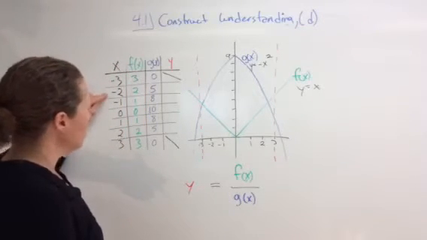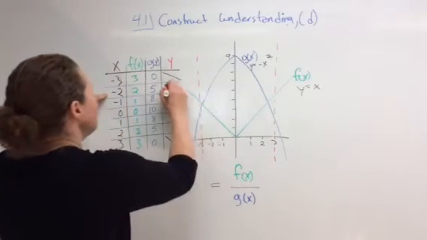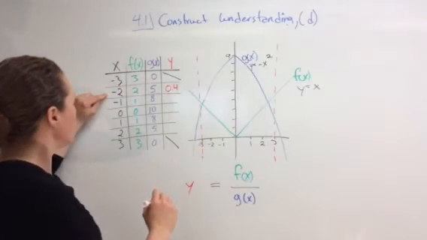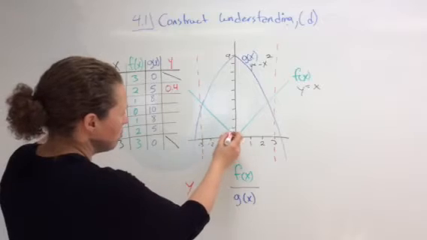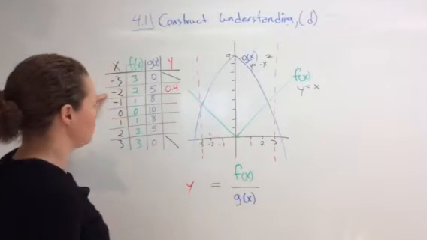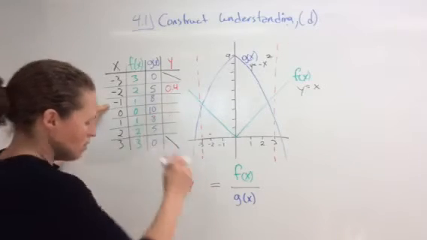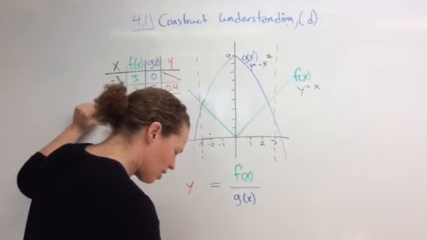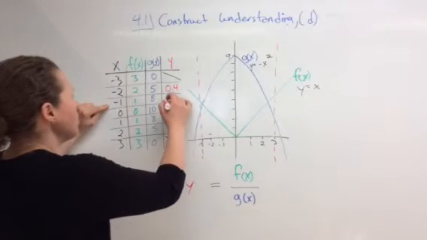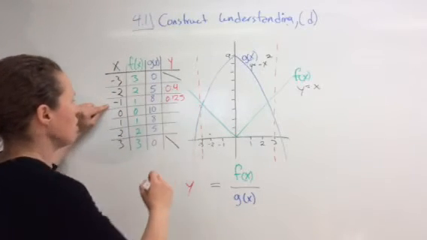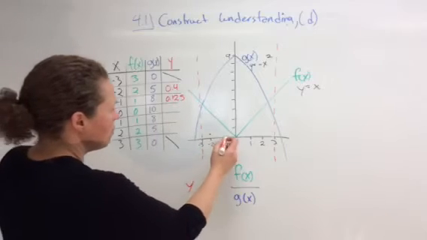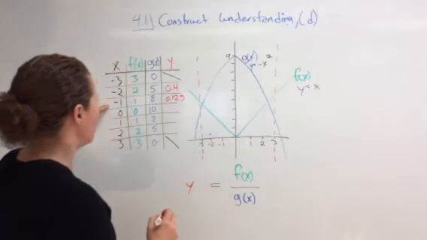All right, so -2, 2 divided by 5 is 0.4. So I'm going to go approximately there, right? -1, 1 divided by 8, I put that in my calculator. 1 divided by 8 gives me 0.125. So 0.125 is going to be really close to this line.